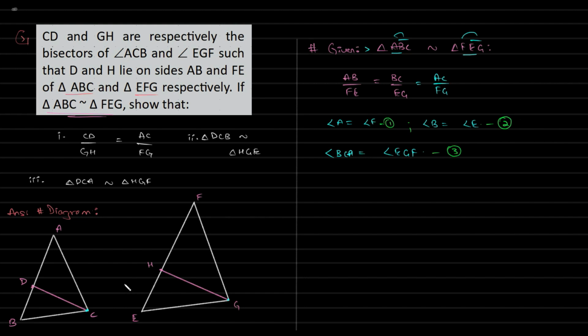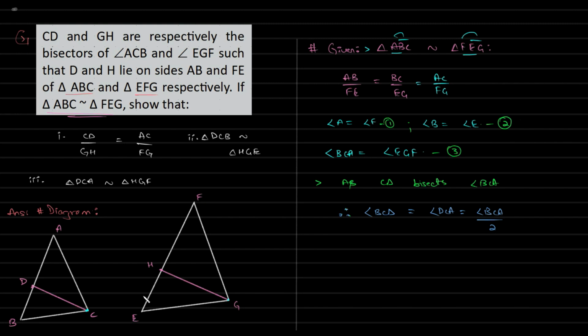Now, they're given that CD is a bisector of this particular angle and HG is a bisector of this particular angle. Let's make use of that. As CD bisects angle BCA, what can we conclude? We can conclude that angle BCD is equal to angle DCA, which is half of angle BCA, that is BCA by 2.